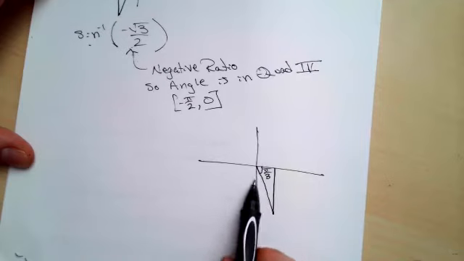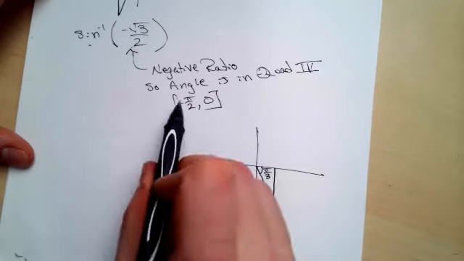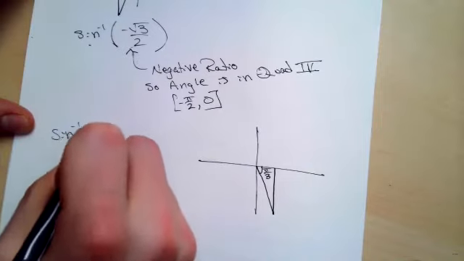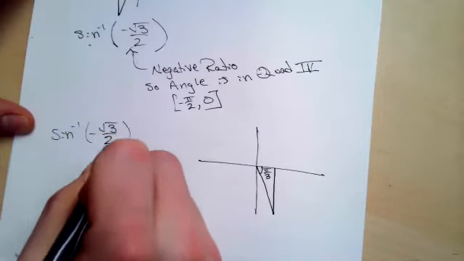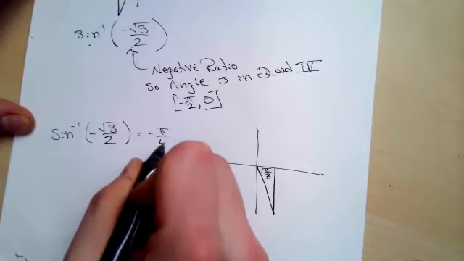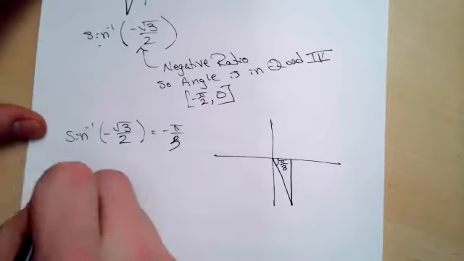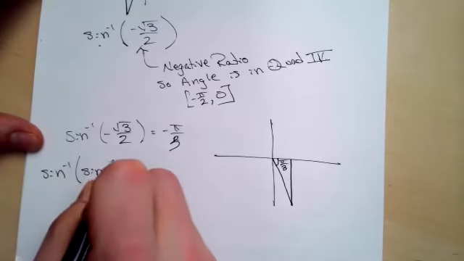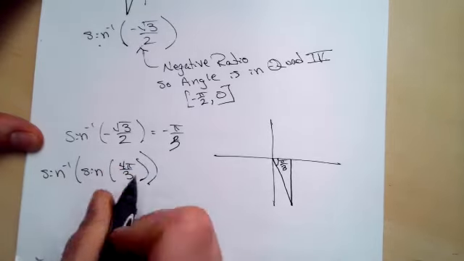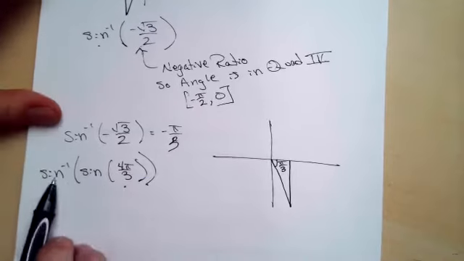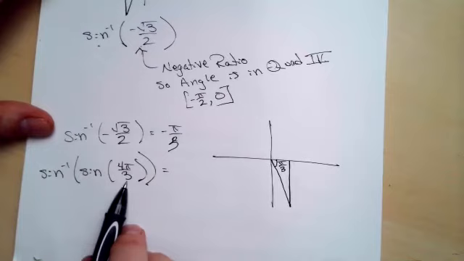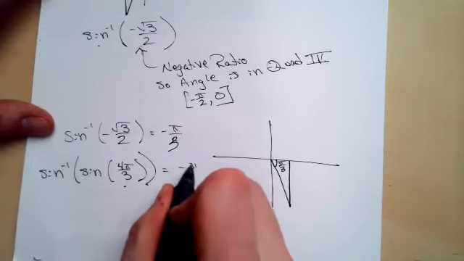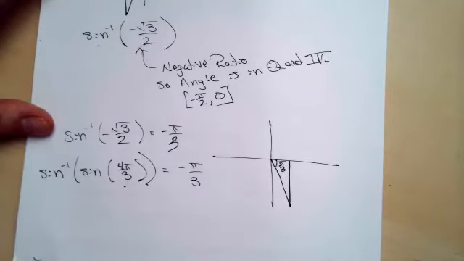And since it's a reference angle of pi over 3 and it's in the negative direction, we will have that arc sine of negative square root of 3 over 2 is negative pi over 3. So in summary, our inverse sine of sine of 4 pi over 3, they don't cancel. These functions do not undo each other because this guy was not in the correct domain. And so it's actually going to change to minus pi over 3.